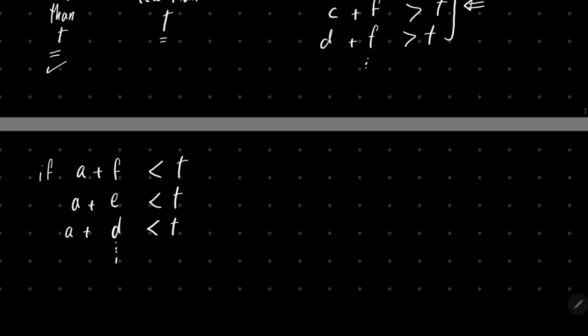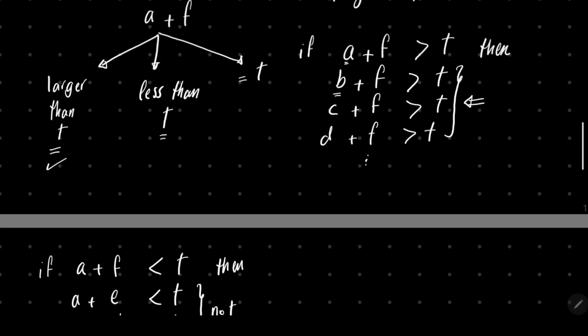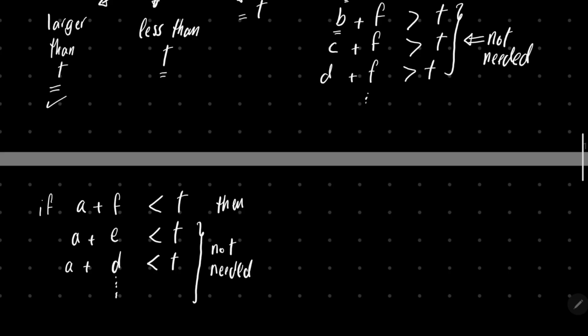Because any summation I do will always give me a result less than T. So there is no point in doing all of these; they are not needed. I'm saving myself lots of unnecessary computations, all by simply checking that condition. That's it.